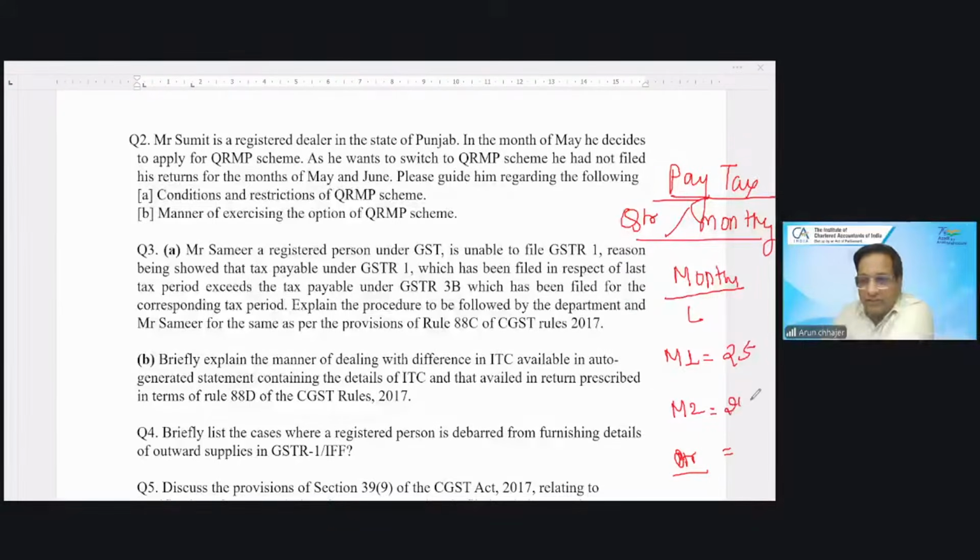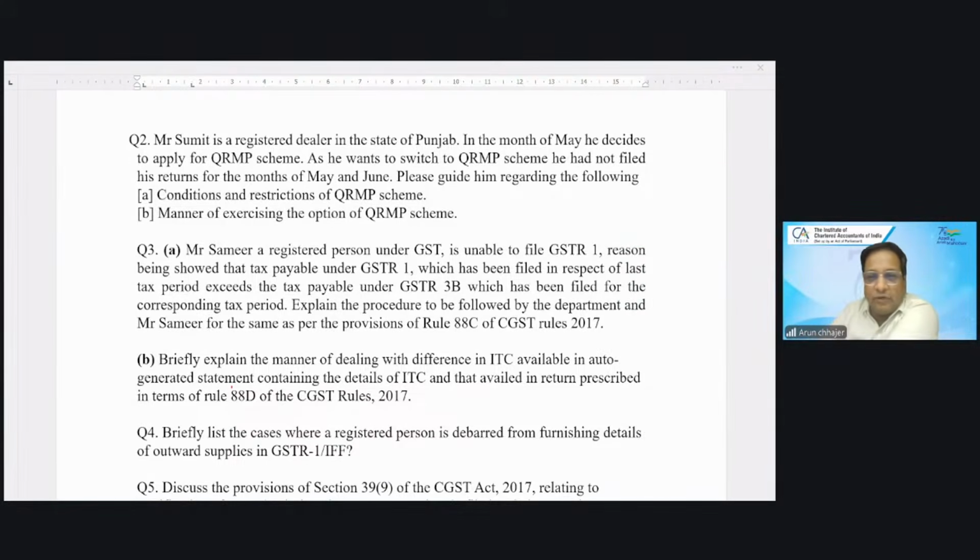Month 2, 25th of next month. ठीक है? And quarter में it is the same as GSTR 3B due date. It means either 22 या 24. ठीक है? Is it clear to all?